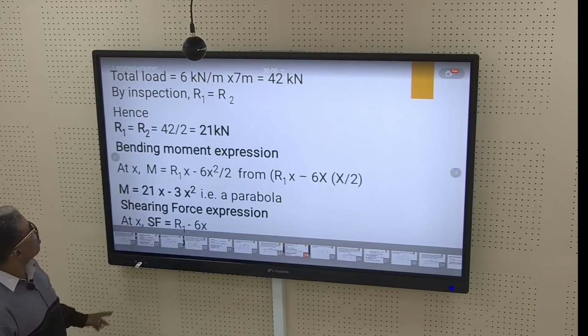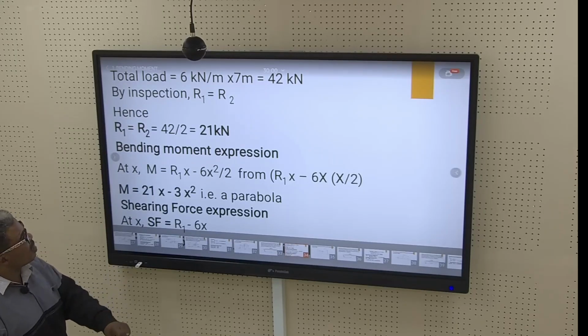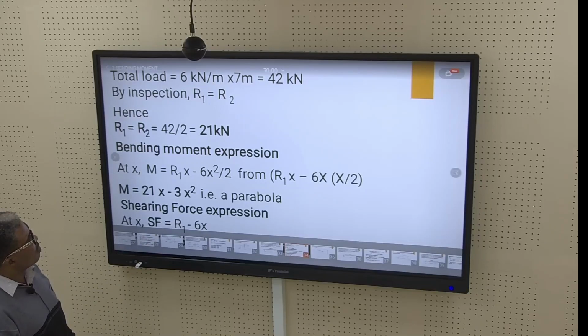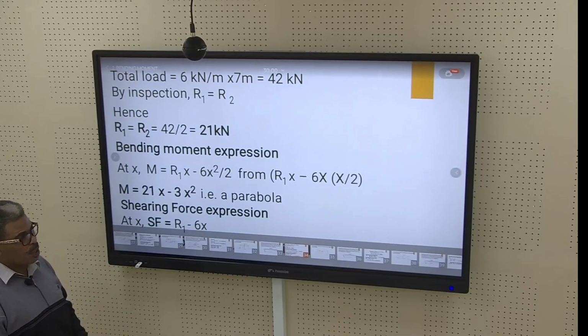So total load. Now we have to work to determine the total load for the beam, acting where? At the center. If we take the 6 kilonewton which is acting at each meter, we have to multiply by the total number of meters along the beam. It becomes 42 total load for the beam.